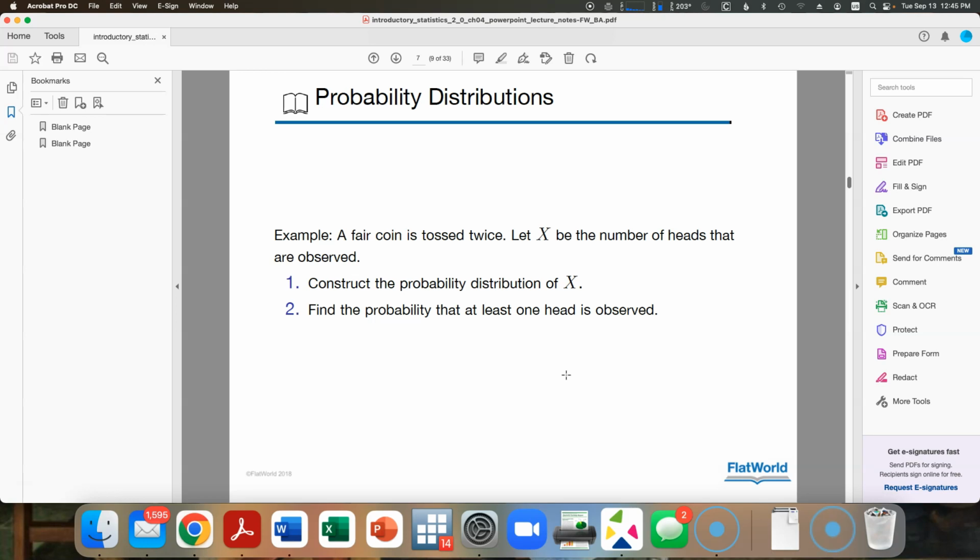You get 1 because one time you get tails, one time you get heads. Or you get 2, because each time you get heads. Saying it out loud like that makes sense. What we want to do now is construct the probability distribution for that variable, and then find the probability that we'll get heads at least once.